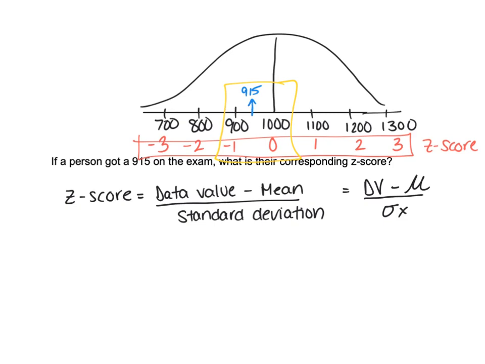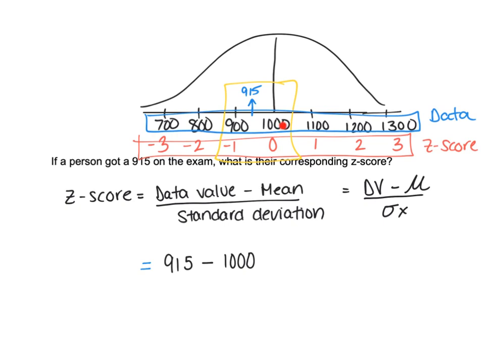So that's why every single time I'm making the distinction between which ones are the data values and which ones are the z-scores, right? The z-scores are here in red and the data values are up here in blue. So if I want to find this z-score, I'm going to take the data value that I want to find, which is 915, I'm going to subtract the mean, which is 1,000, right?